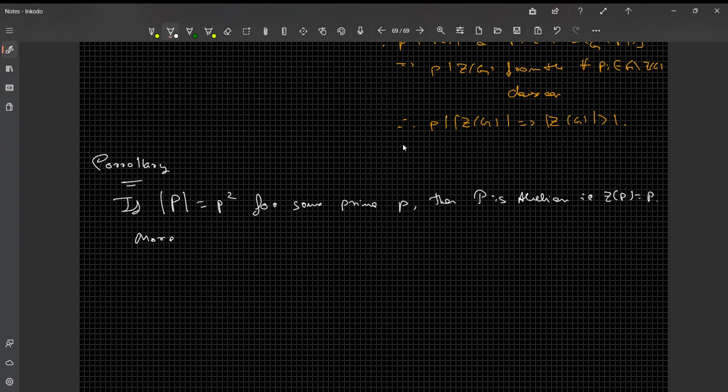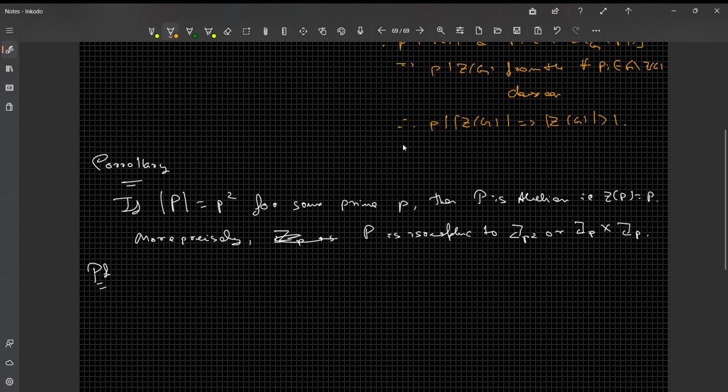More precisely, if P is abelian and of order p squared, then we have the following, that P is isomorphic to Z_{p^2} or Z_p cross Z_p. Clear? Let's go to the proof of this.